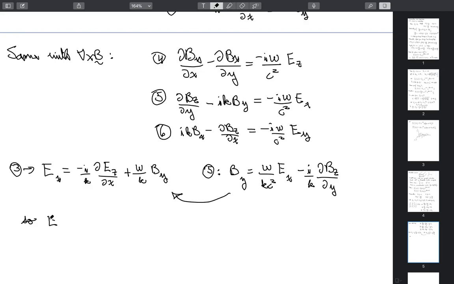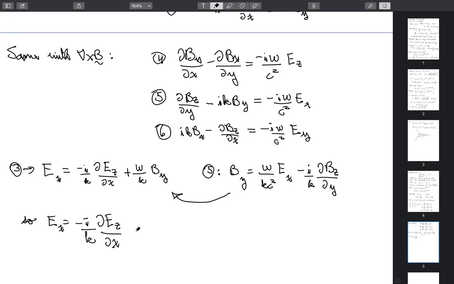So what I get is that Ex is equal to minus i over k dEz/dx plus omega over k times By, but By is this here.